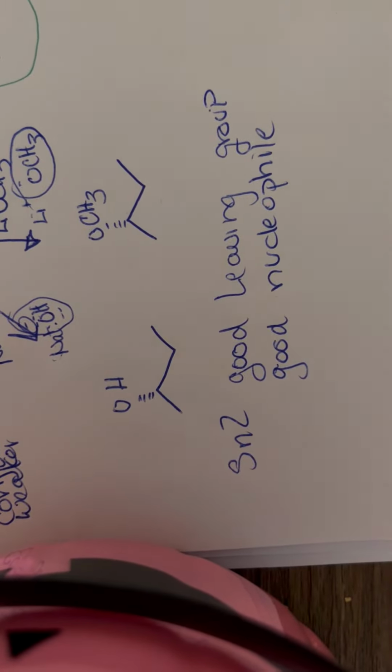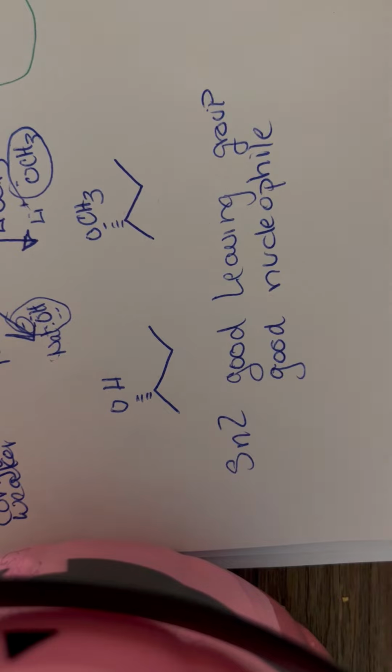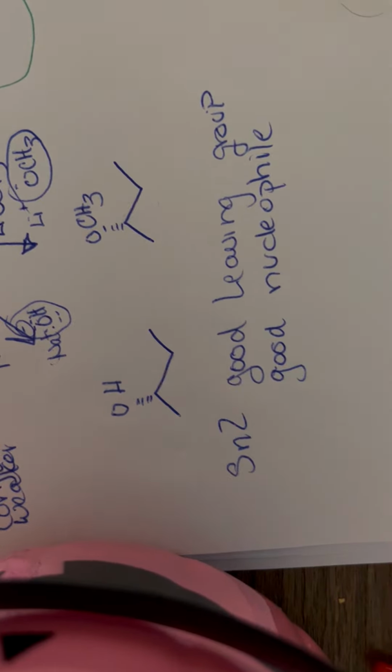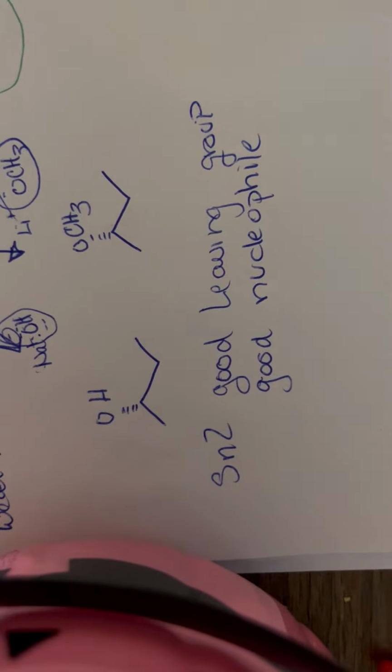So now I also want to talk about the role of the substrate, and we're going to talk about that on the next video. We'll talk also a little bit about SN1 reactions.